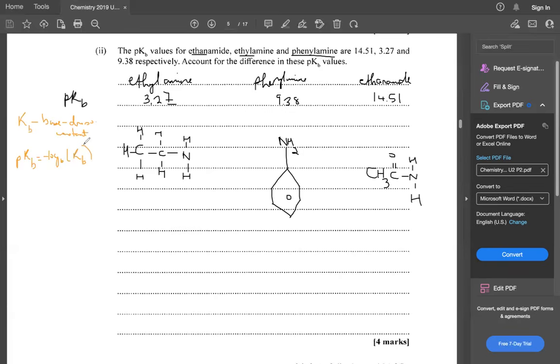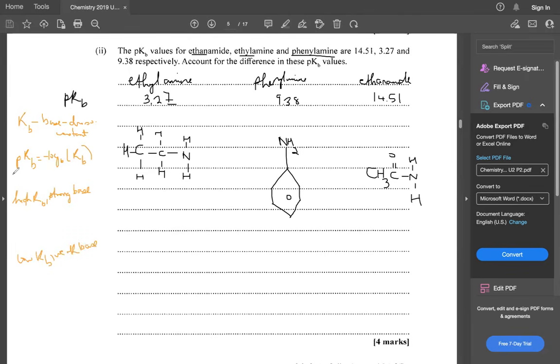If we have a high Kb, this pKb is going to be low. A high Kb is associated with a strong base, a base that's dissociating to a great extent in aqueous solutions. And then a low Kb would mean that we have a weak base, one that's not dissociating as much in aqueous solutions.